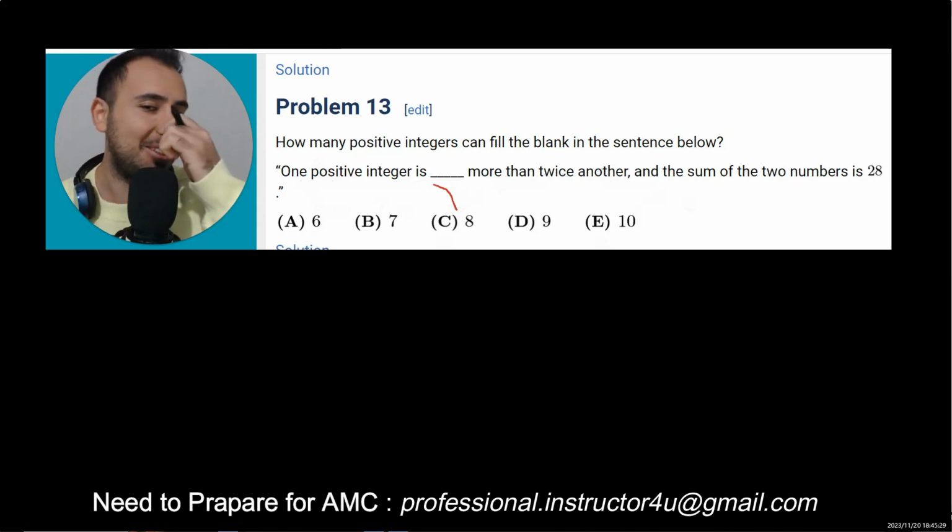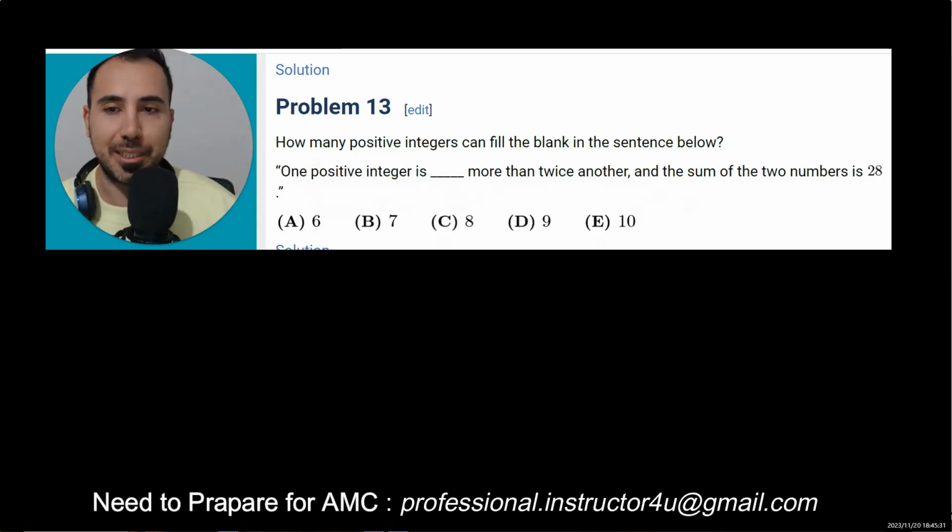No, let's just read it. How many positive integers can fill the blank in the sentence below? So there are more. For example, 1 could be one right answer, 3 could be another one, 10 could be another one. You find all of them and then count how many that will be. That's what the question is.